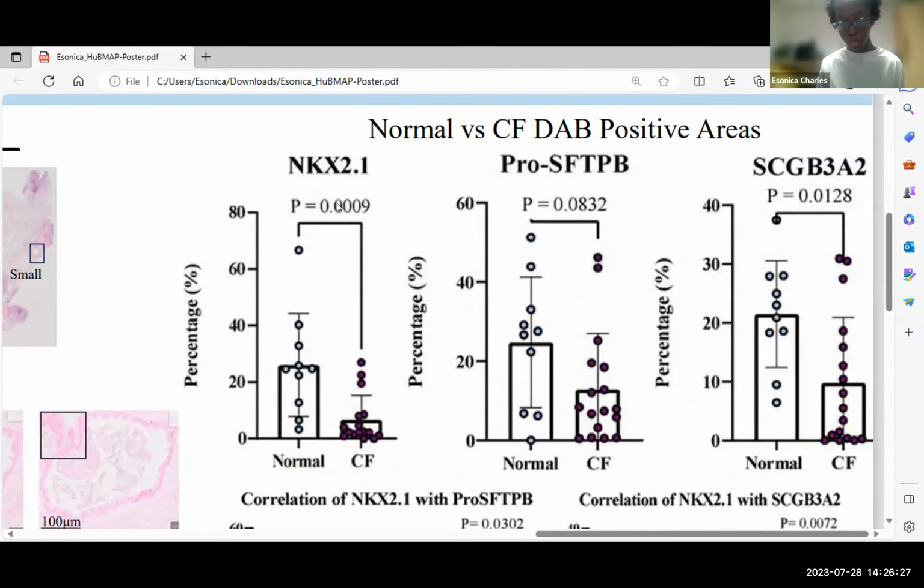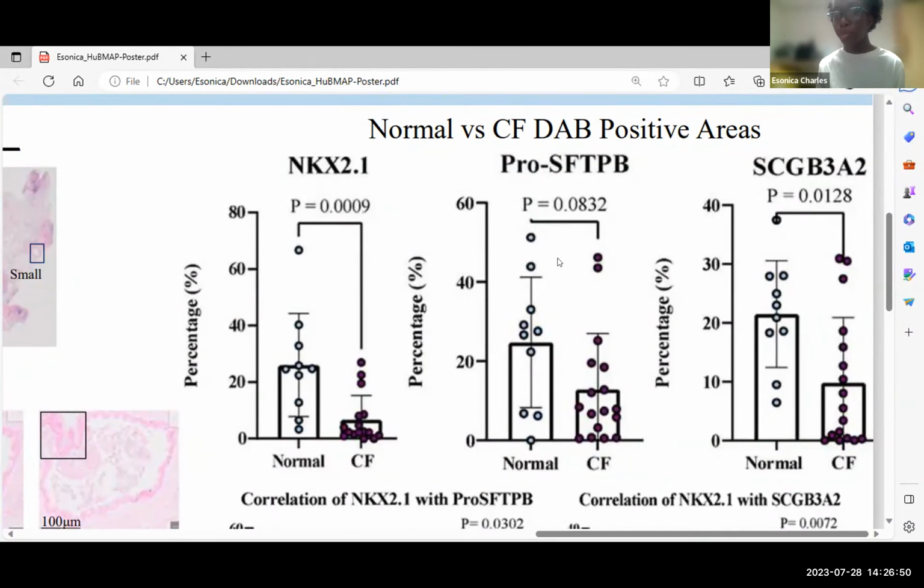For NKX2.1, there was a significant difference between the expression of the DAB positive cells in normal versus CF. And here we have a much more diverse population for pro-SFTPB.